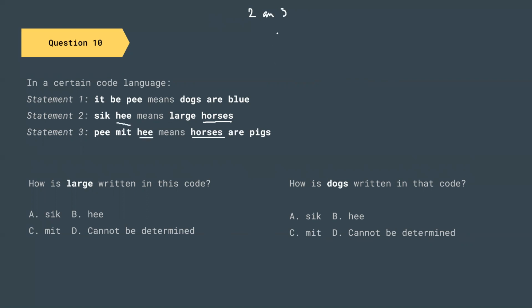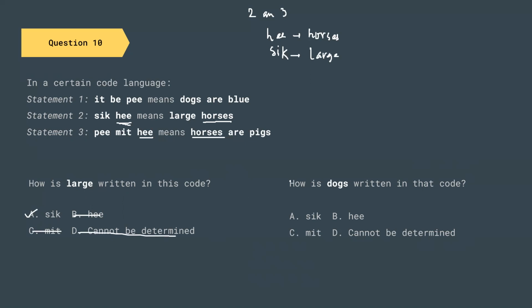So it is safe to assume that "he" is encoded to "horses". So from here we can say that "he" means "horses", so "sick" means "large". So the first question is solved. How is "large" encoded in this question? The option will be A, and the rest of the options we will eliminate.